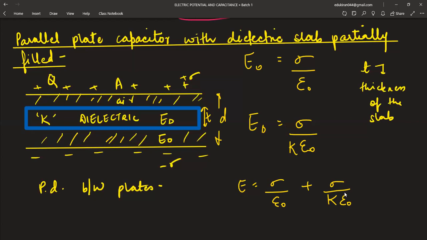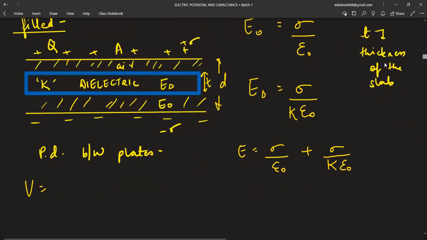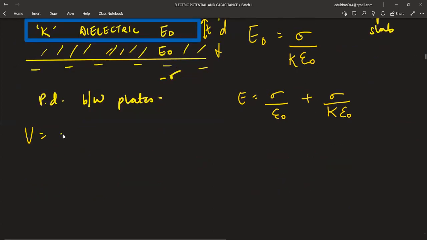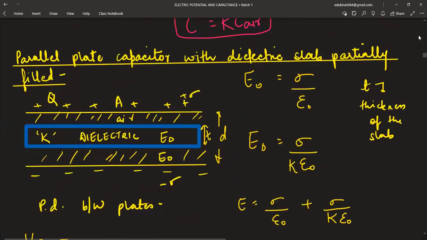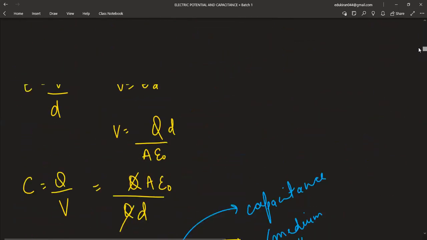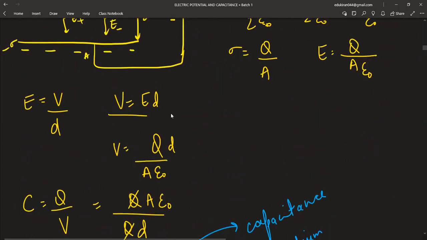Now when we are calculating the potential difference, so here you will see the difference by yourself. Firstly, electric field. Now class, you please be attentive and answer. You know, we have seen in the last class, for calculation of potential, we use this formula. Potential is equal to electric field multiplied by the distance, right? Electric field multiplied by this distance.